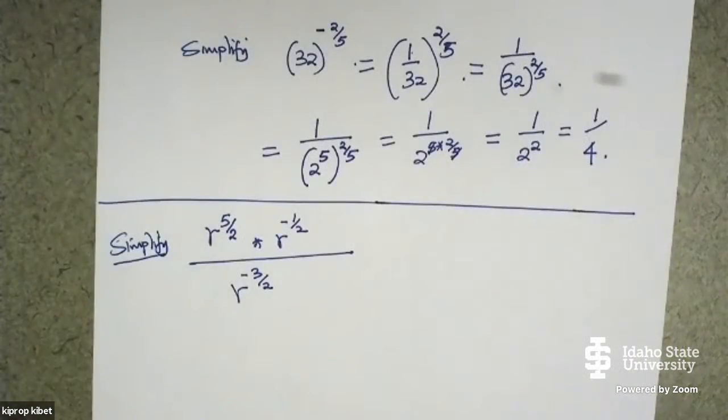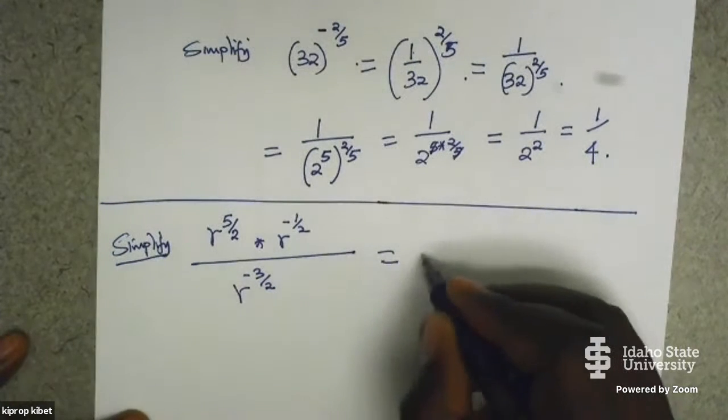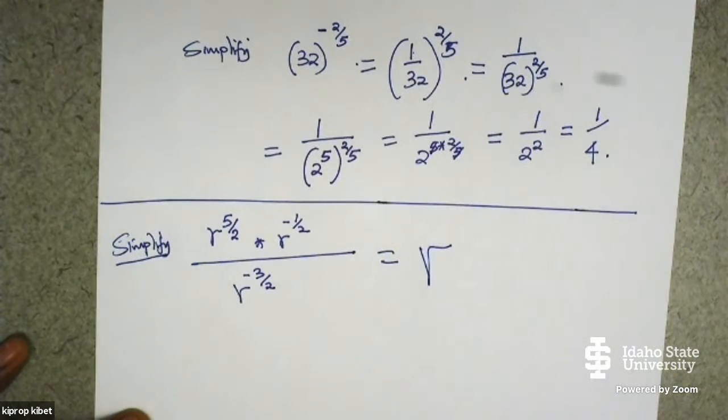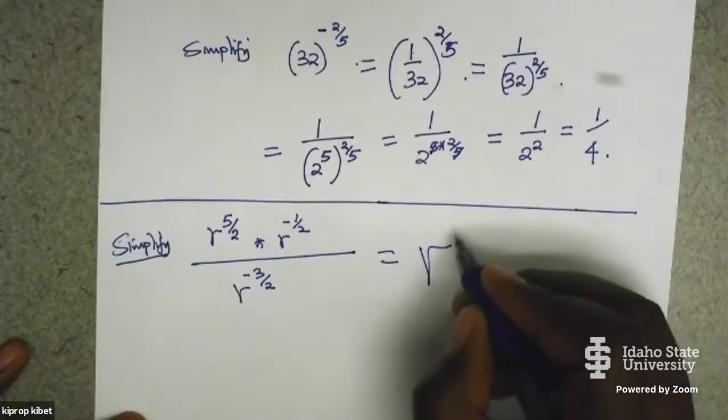So how will we simplify? So using the properties in section 5, then we can be able to simplify. So this is equals to the bases are the same in each one of them. So we do what? We add and subtract the powers.